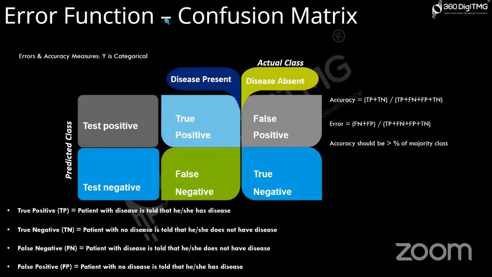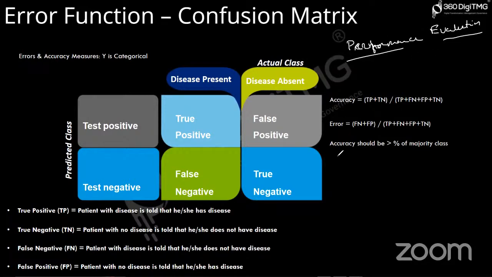Now I was talking about performance evaluation metrics. There are a few metrics which can be used to evaluate the performance. Depending on which kind of output data you have, this performance evaluation will differ.